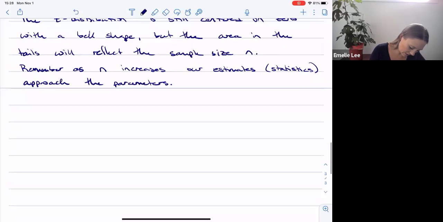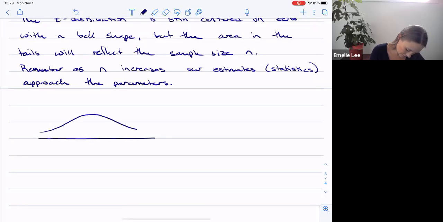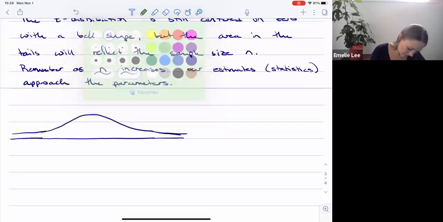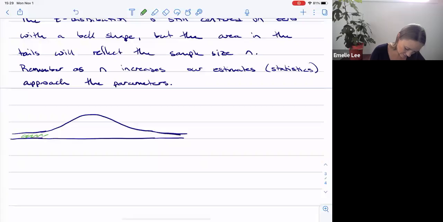So what we can think about is a normal distribution, and if I have something like this, we know that eventually it's going to go out and close on this curve. But notice how there's a lot of area here in the tails.